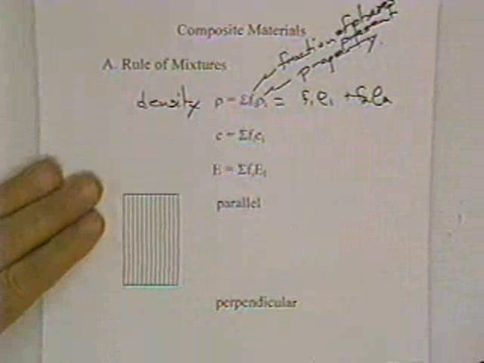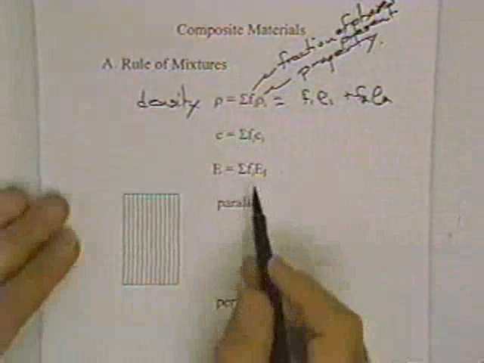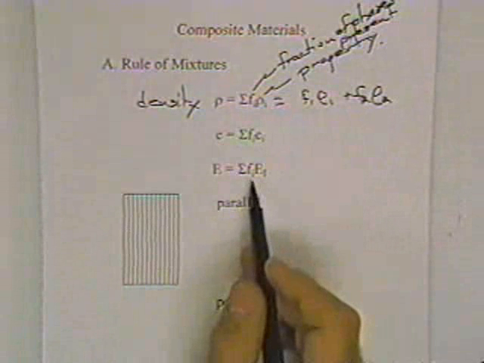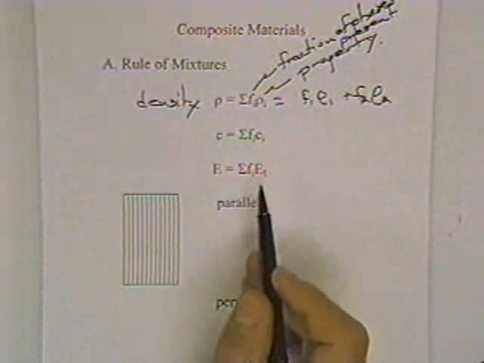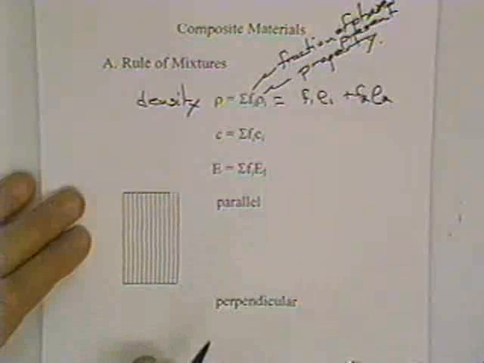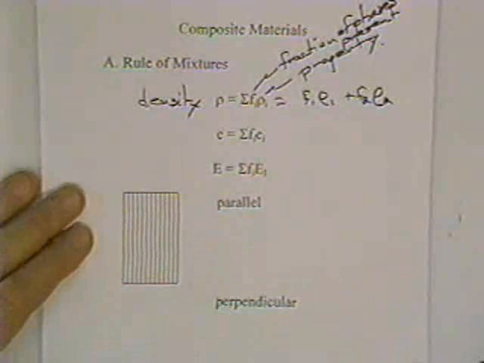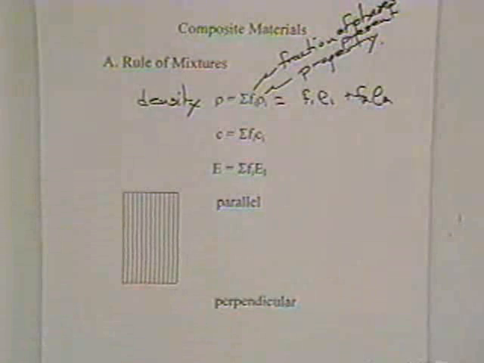You can do the same thing with the modulus of elasticity for the material also. And I was going to conclude just with this example for the modulus of elasticity for a composite material and have you think a little bit about how it would be in either parallel or perpendicular type of format.